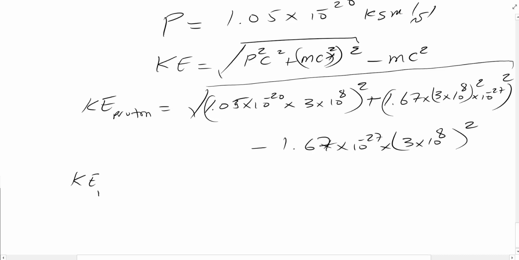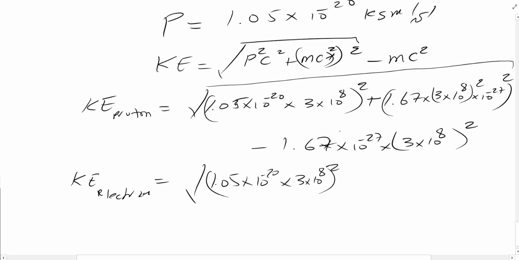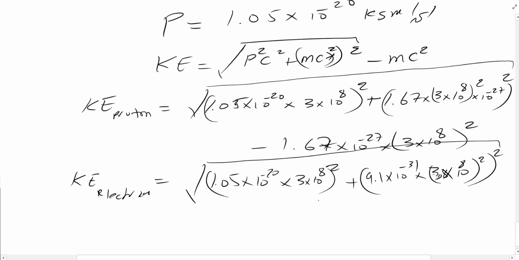For the electron, that's problem 71. It's going to be the same expression: 1.05 times 10 to the negative 20 times 3 times 10 to the power 8, the whole thing squared, because you square the momentum and you square the speed of light, plus the mass of the electron, which is 9.1 times 10 to the negative 31, times the speed of light, 3 times 10 to the power 8, the whole thing squared, again minus the rest energy for the electron, which is 9.1 times 10 to the negative 31 times 3 times 10 to the power 8, the whole thing squared.